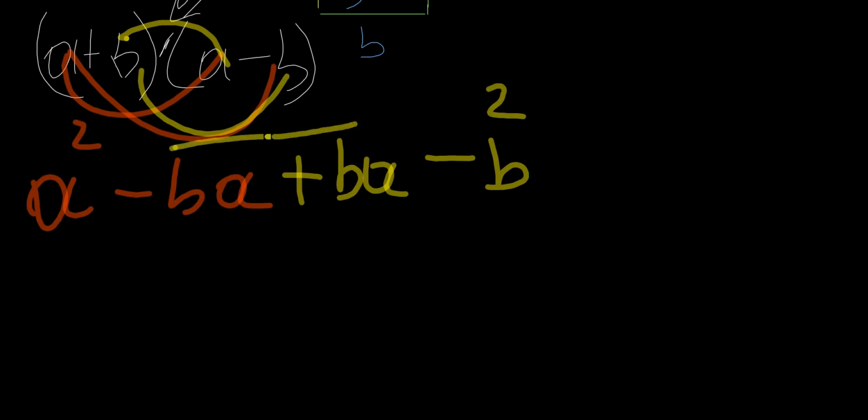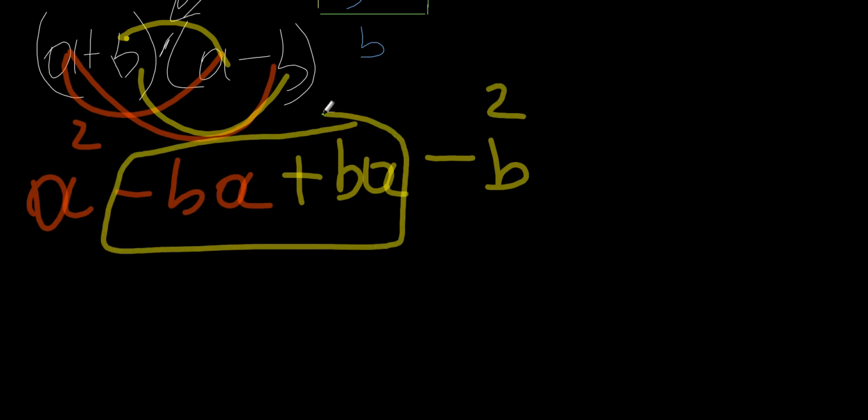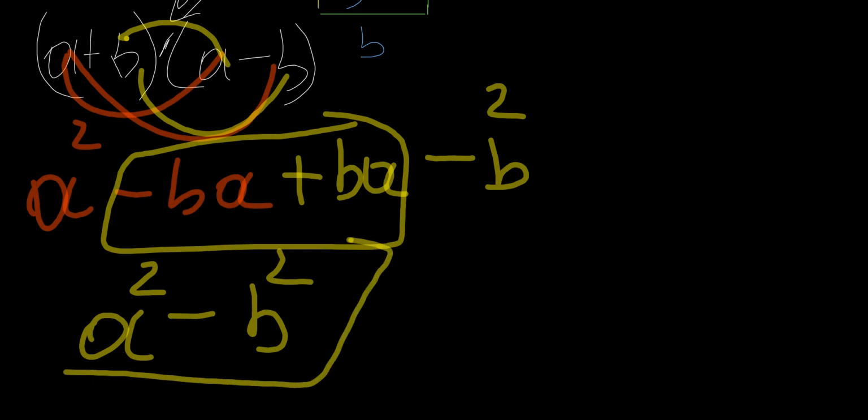Looking at the middle terms, these two cancel. It's like saying negative 1 plus 1. They are opposite terms, so they cancel, and we are left with just the two ends, which is a squared minus b squared. And so we have proven that this expression is equal to this.